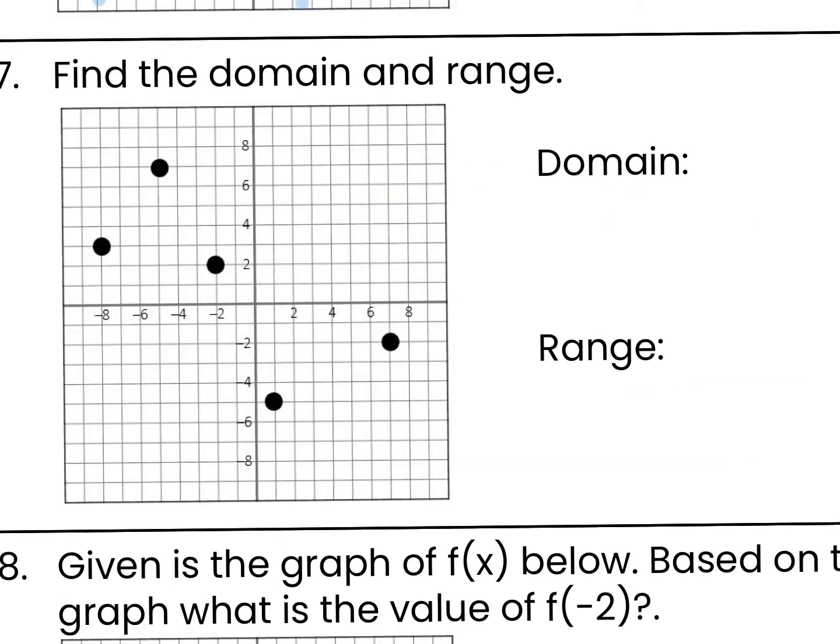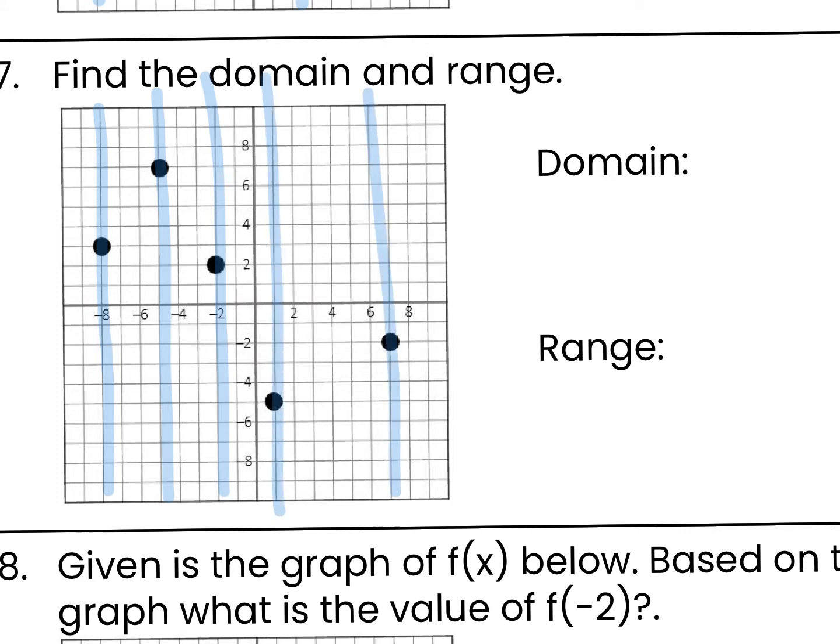Okay, so for number 7, I'm looking for the domain and range of a discrete function. So as you see here, I'm going to go ahead and draw vertical lines through every single point to start off to find out my domain. So here, this point, this point, this point, and this point.